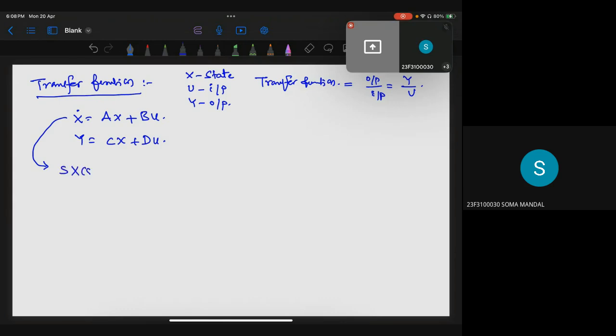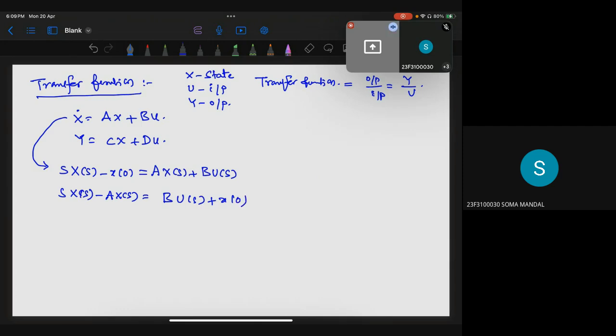sX(s) minus X(0) is equal to AX(s) plus BU(s), correct? So now bring that sX(s) minus AX(s) equal to BU(s) plus X(0), correct?